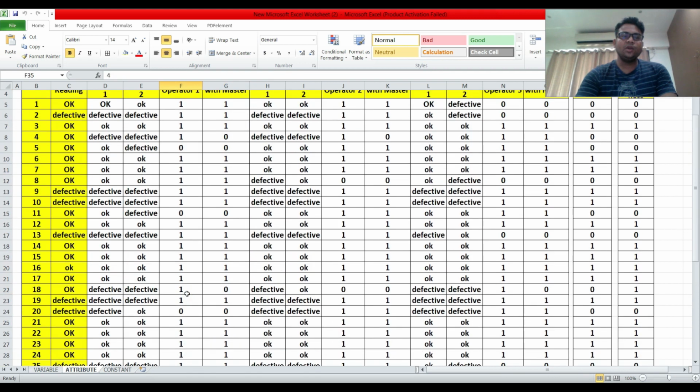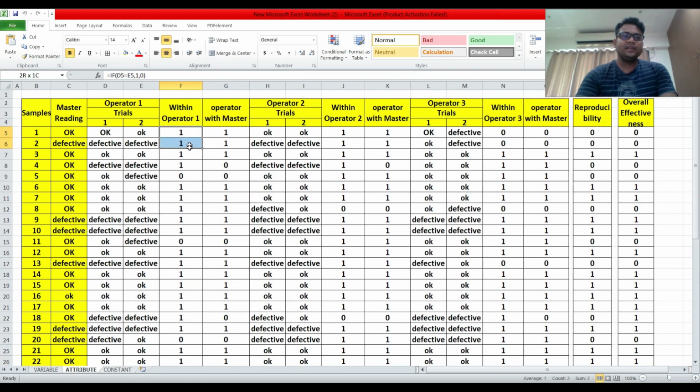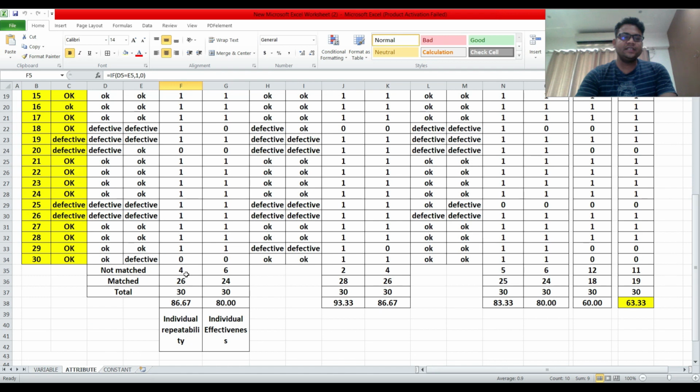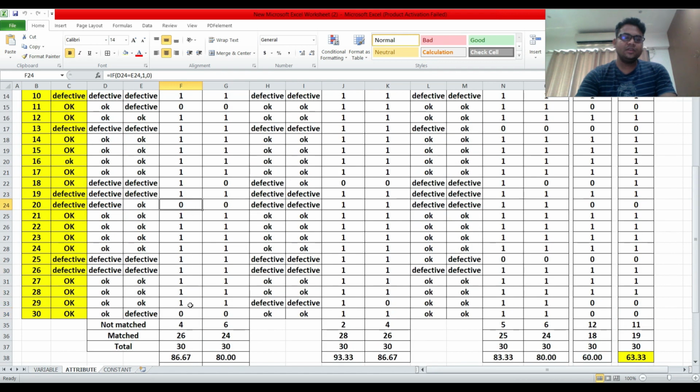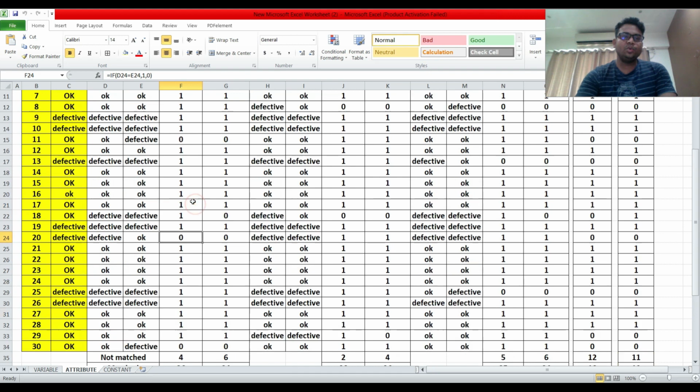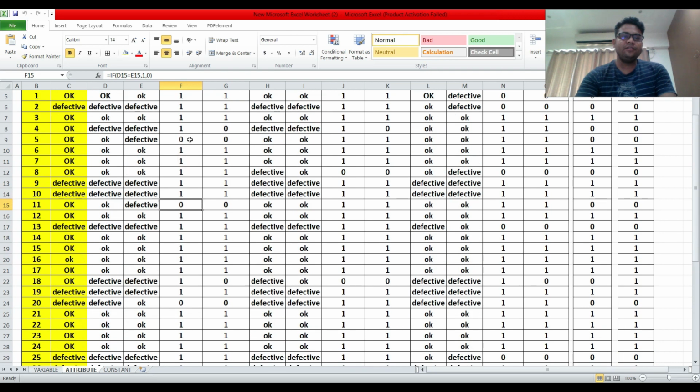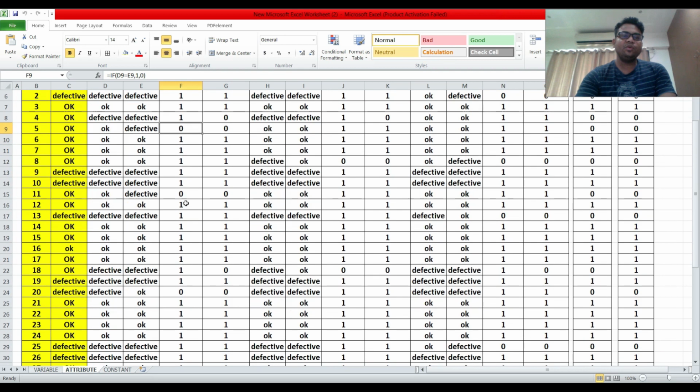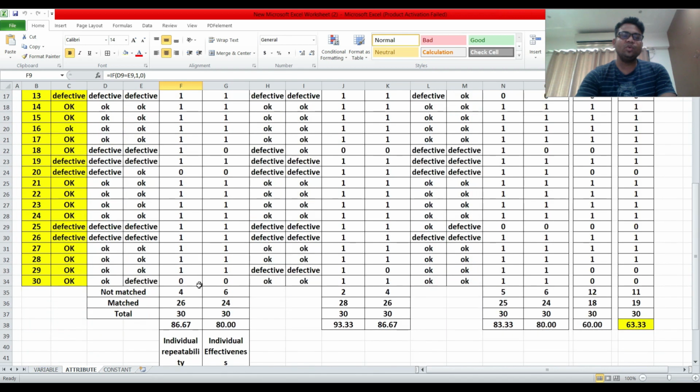Here we have to calculate how many times your operator is agreeing with his own value. Here you will see 4 times is 0: 1, 2, 3 and 4 times. It means that 4 times he is not agreeing with his own value, not matching between his trial 1 and trial 2, and 26 times he is agreeing with his own result.